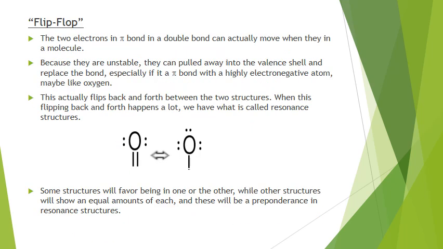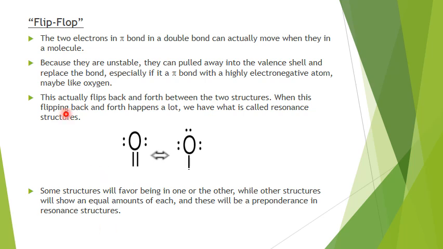All right, now flip-flop. The two electrons in a pi bond, in a double bond, can actually move when they are in molecules, especially if they're in a molecule that has high electronegativity.